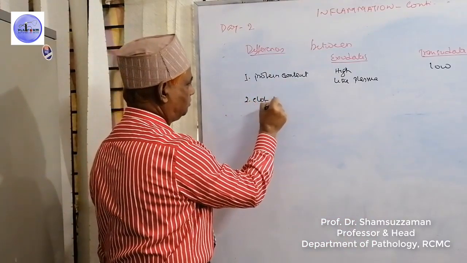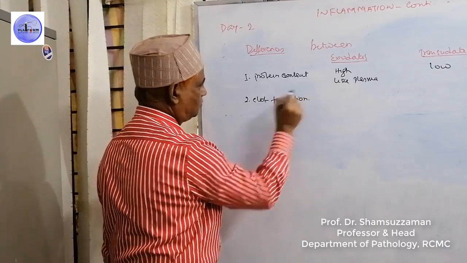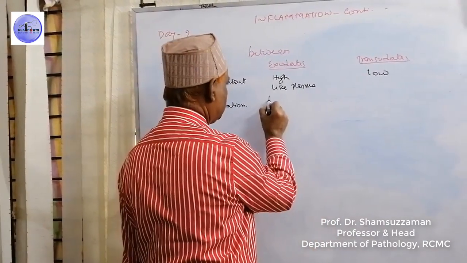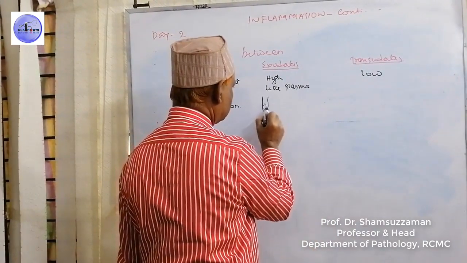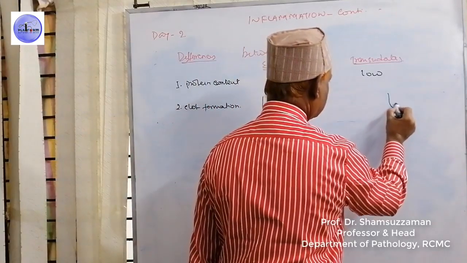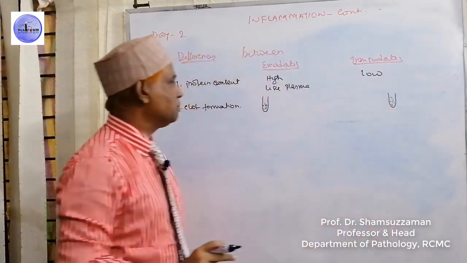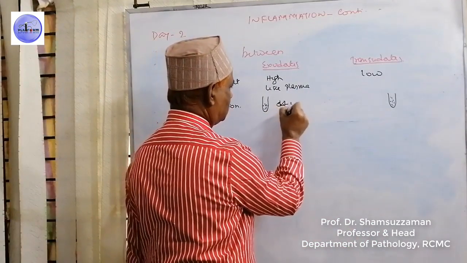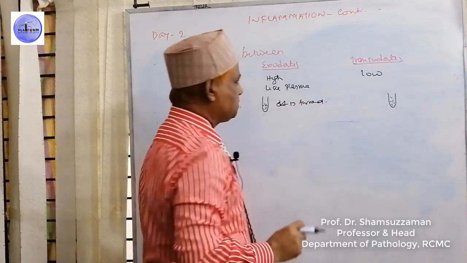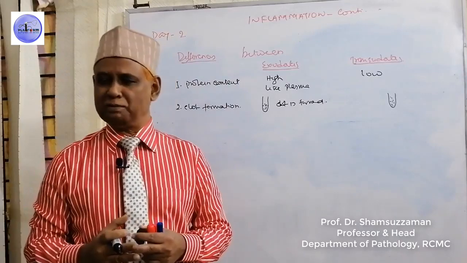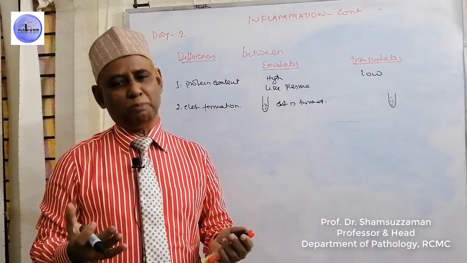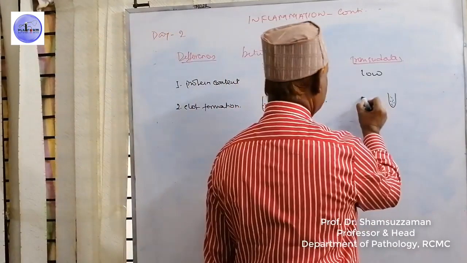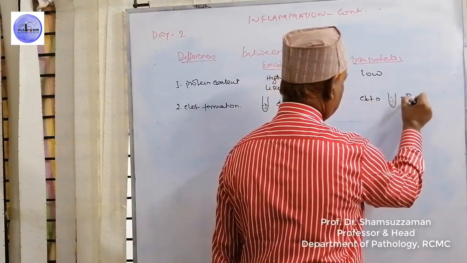Second, clot formation. If we take exudate in a test tube and transudate in another test tube, we will see clot formation in the exudate, not in the transudate. Why is a clot formed in exudate? Because exudate contains plasma protein, and among the plasma protein there is fibrinogen. Due to the presence of fibrinogen, exudate clots. In transudate, a clot is not formed.